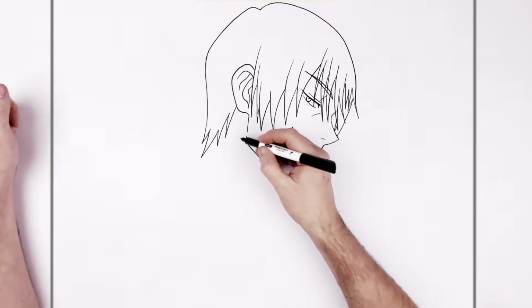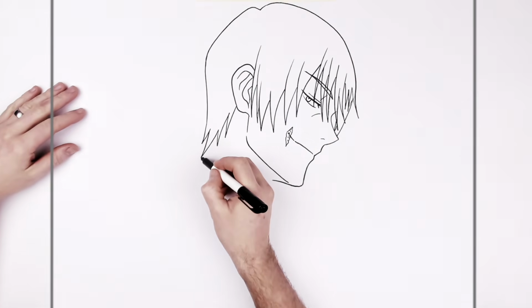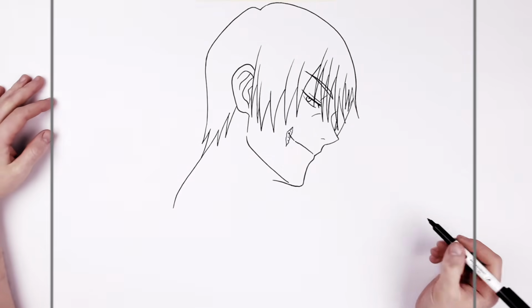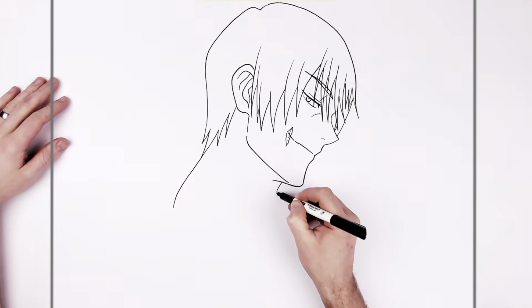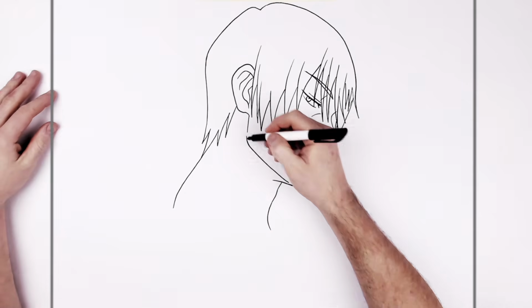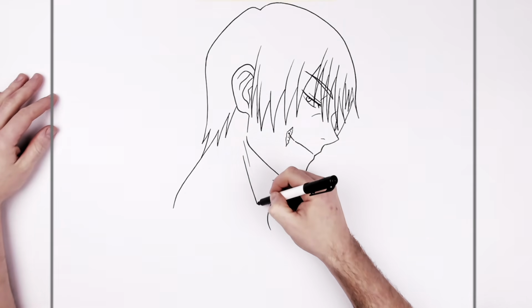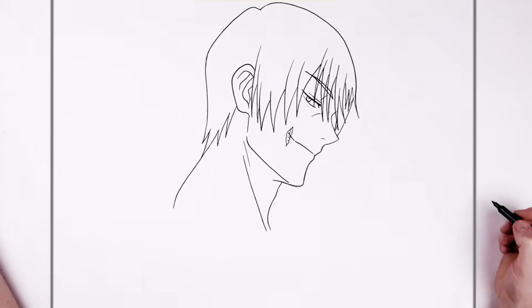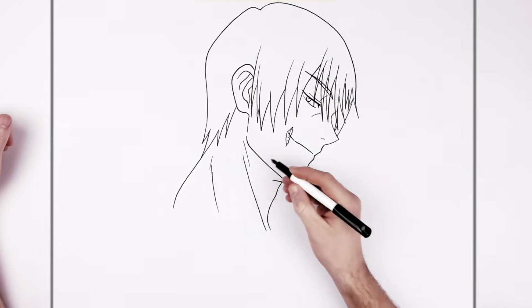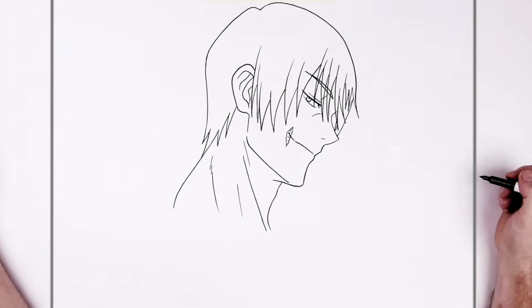So he's a muscly guy, big neck, right? So the neck muscle comes out the back there, and then his Adam's apple sort of bumps out at the front here. Then we give neck muscles. Neck muscles here, and another one there.